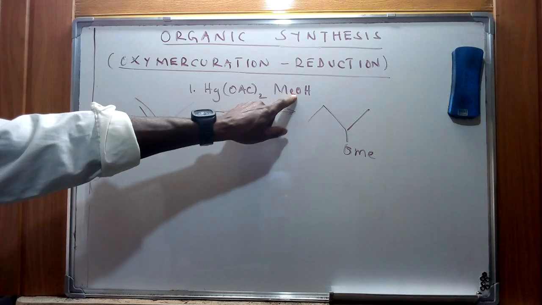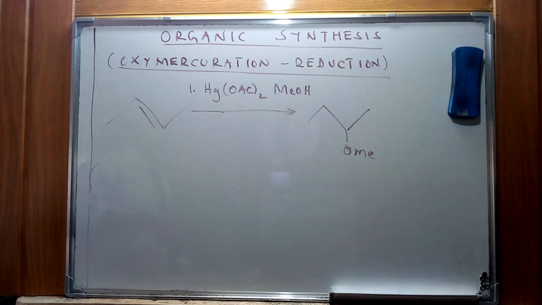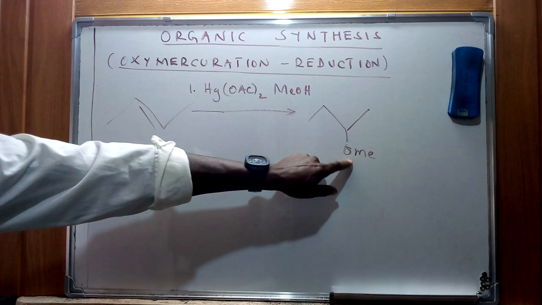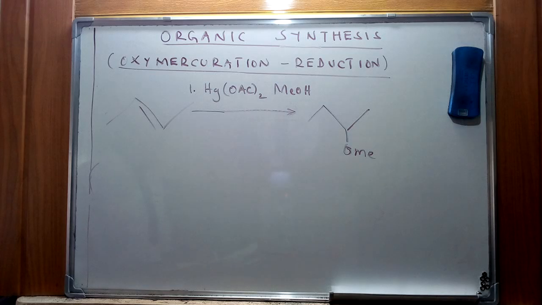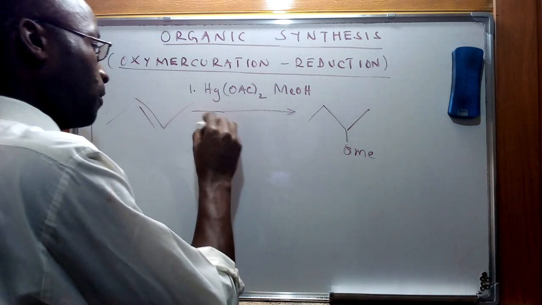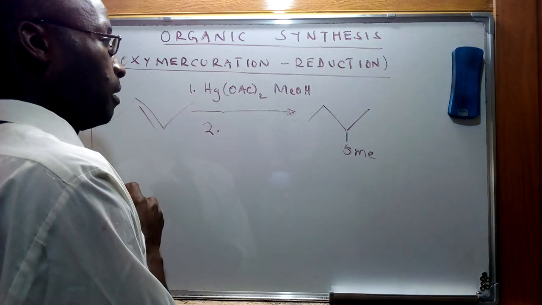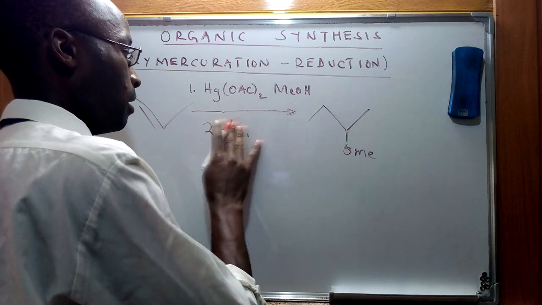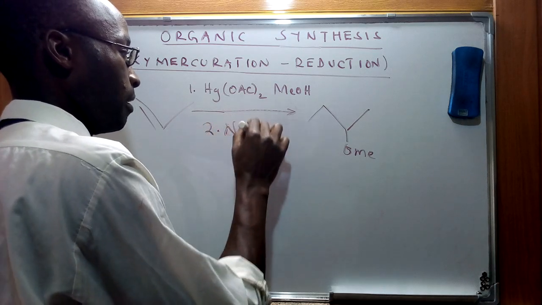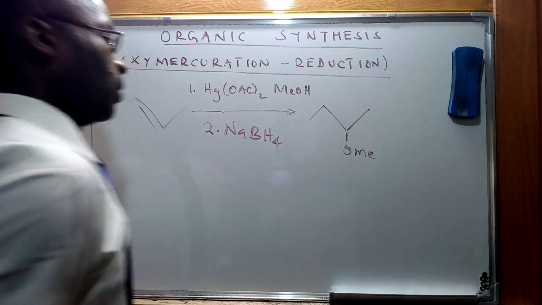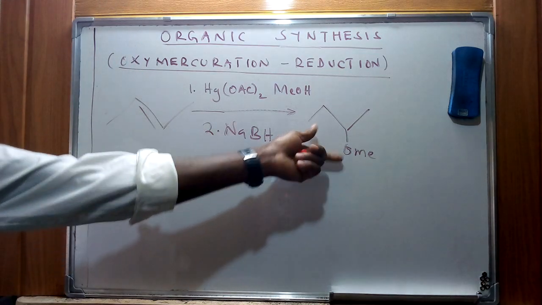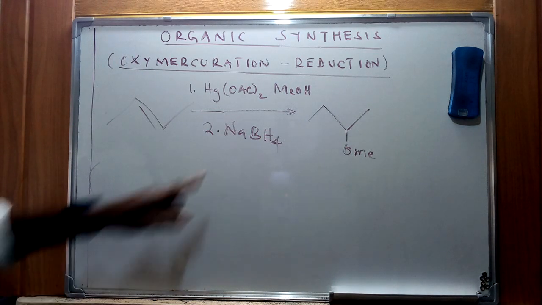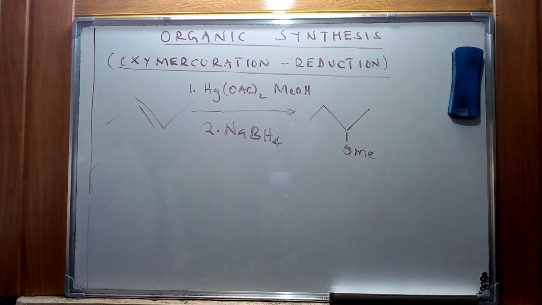Therefore, this is going to form a methoxy group in the end product instead of an OH. And for the second step, to remove the acetate as a leaving group, we're going to have sodium borohydride, which acts in the second step to achieve the end product, with one unit of this acting as a leaving group.